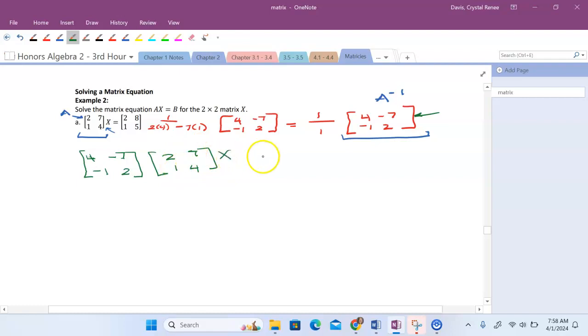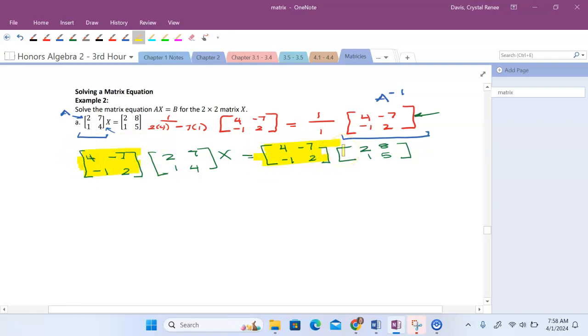And then I still have X, this matrix, which is going to equal 4, -7, -1, and 2 times 2, 8, 1, 5. Okay, so all I've done is I've multiplied the inverse matrix on both sides of the equation.